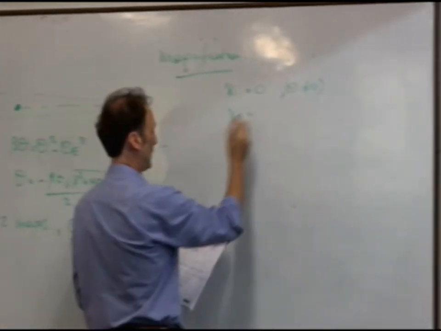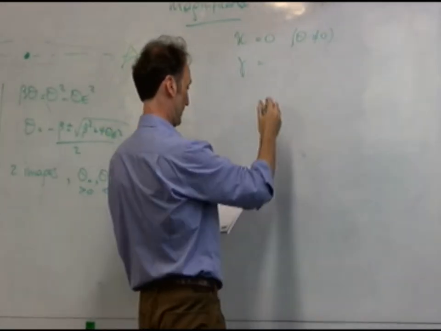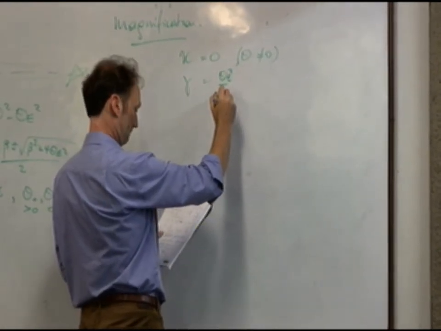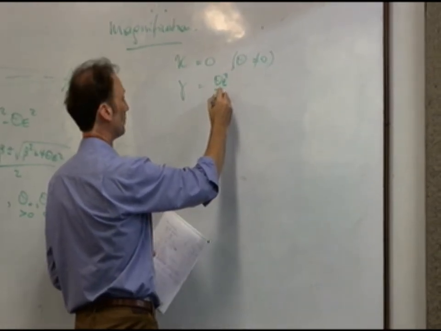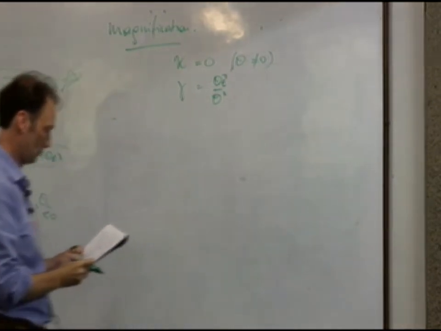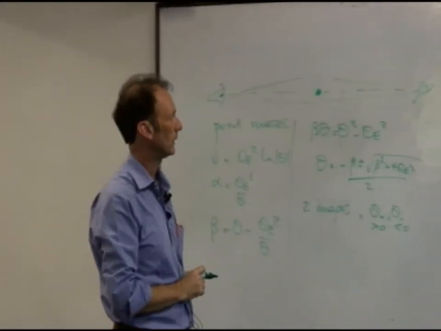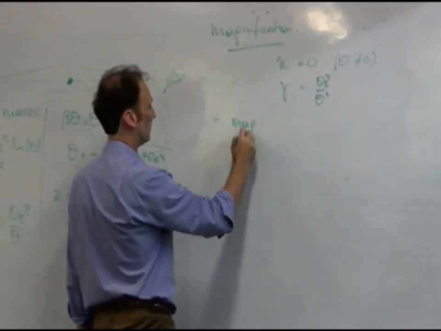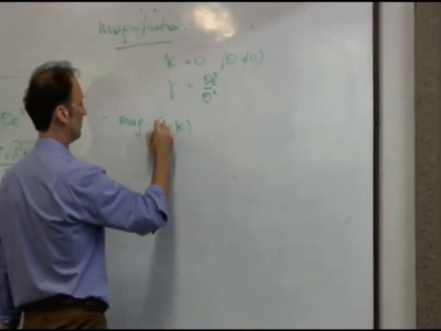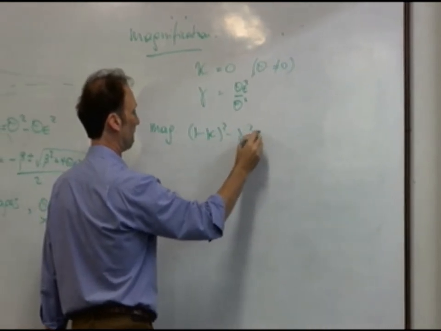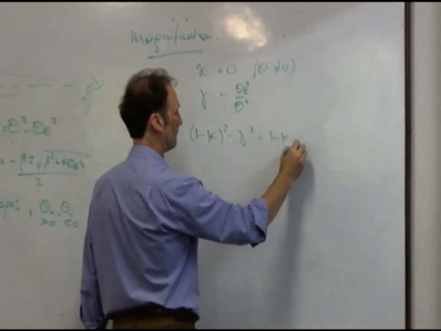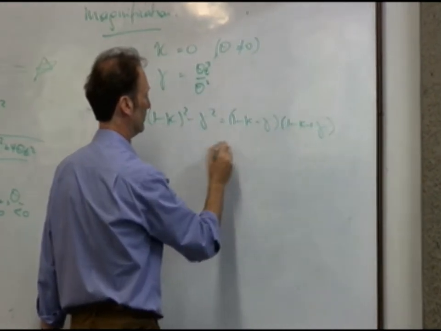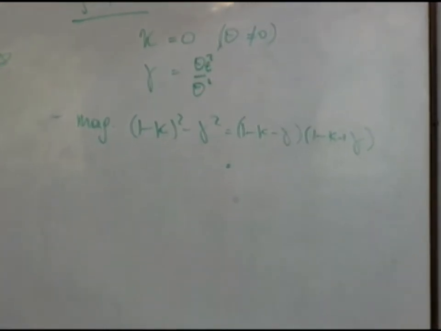And you can show from the potential that the tangential shear is equal to theta e over theta squared. And so therefore the magnification, kappa is equal to 0.